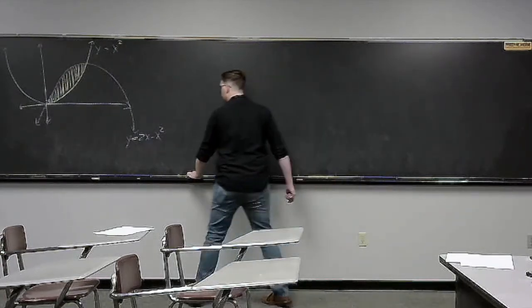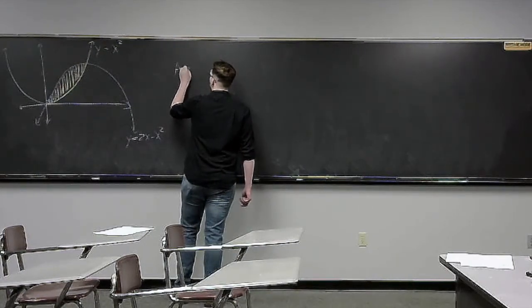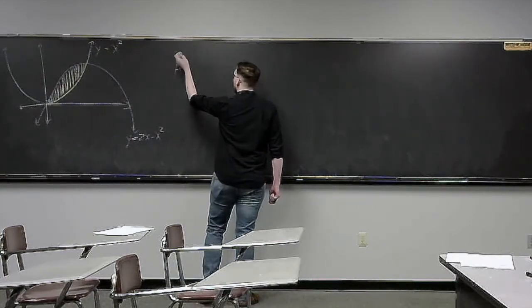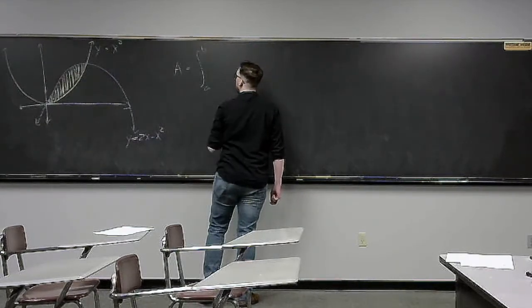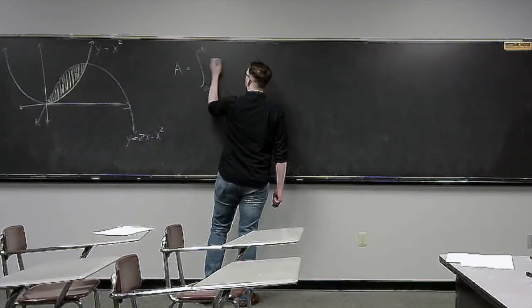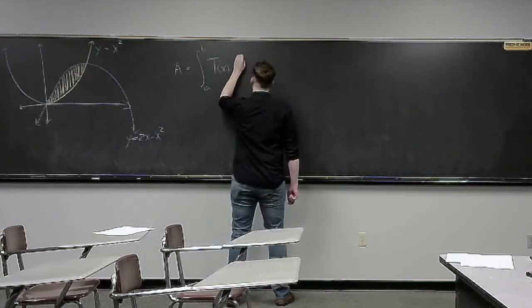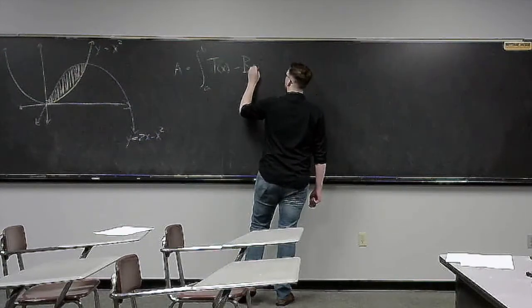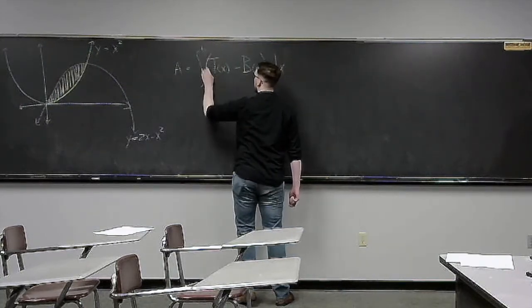The area enclosed by these two functions will be something like this. Let me call this one t of x minus this one b of x, integrated with respect to x.